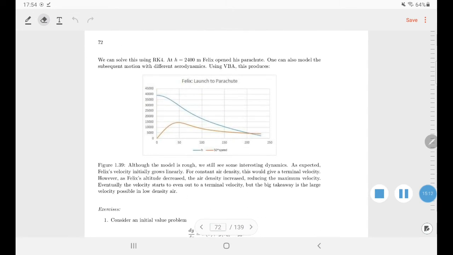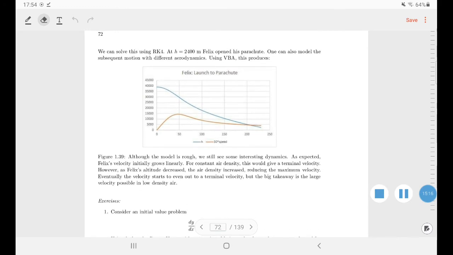And you solve them, and I did this with Runge-Kutta 4, and you end up with something like this. Although the model is rough, we still see some interesting dynamics. As expected, Felix's velocity initially grows linearly, and you expect them to reach some kind of terminal velocity, and that's what you get to see, a terminal maximum velocity.